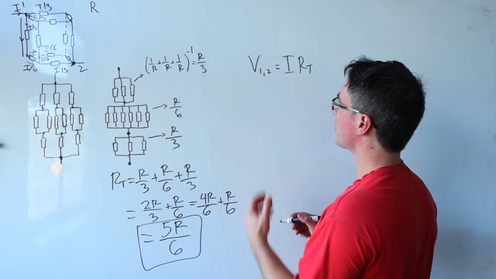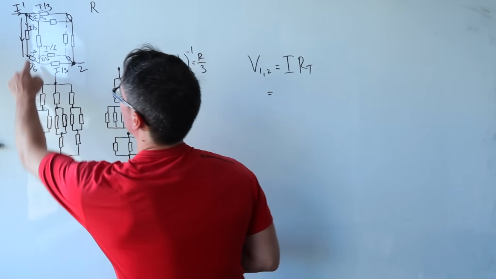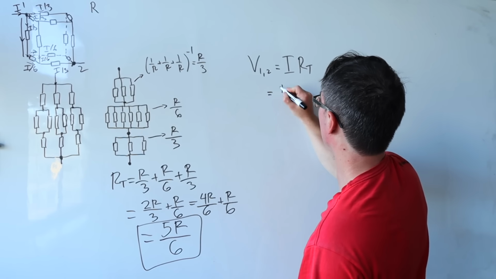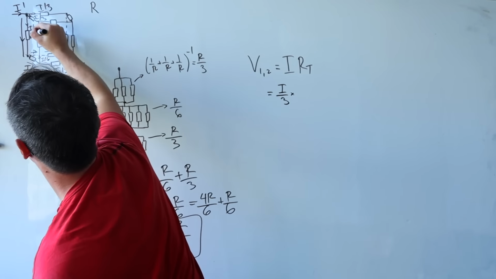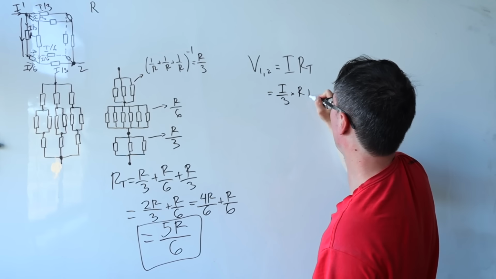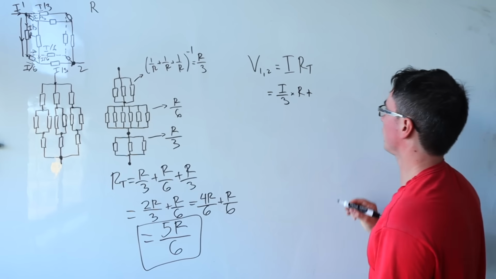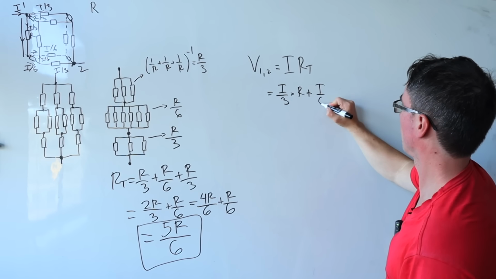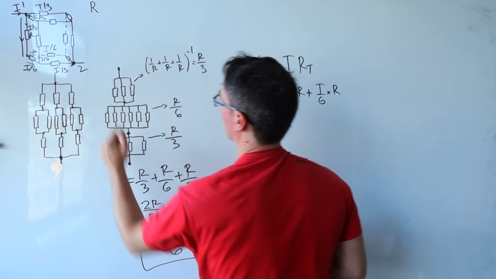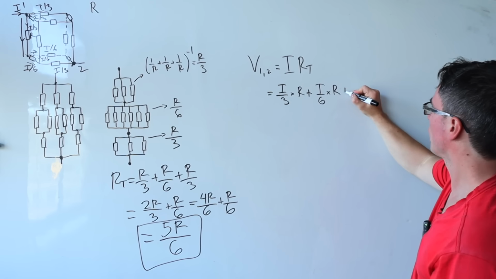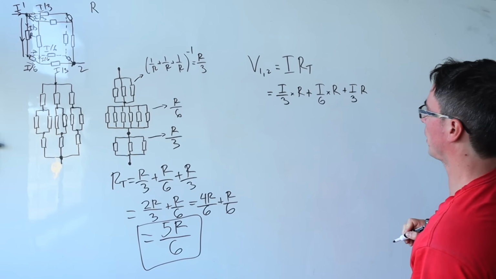And this can be split into the potential difference across the first face, which will be I over 3 multiplied by one of these resistors, which is R, plus I over 6 multiplied by its resistance, R, and then across here we're going to have a current of I over 3, so that's plus I over 3 multiplied by R.